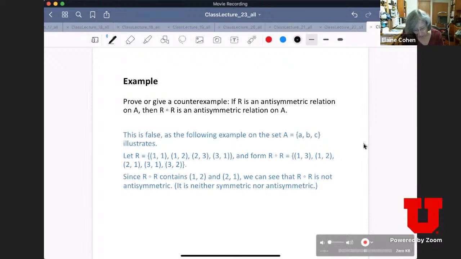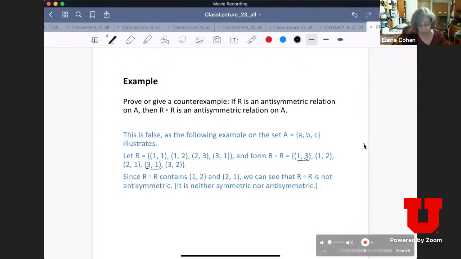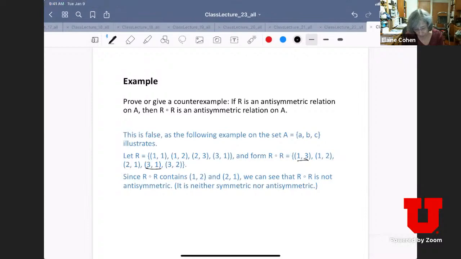In this simple example, we see that we have 1, 3, and 3, 1. That's nice in the composition. But we have 1, 2, and 2, 1. That's nice. But we have 3, 2, but we don't have 2, 3. So it's neither symmetric nor anti-symmetric.